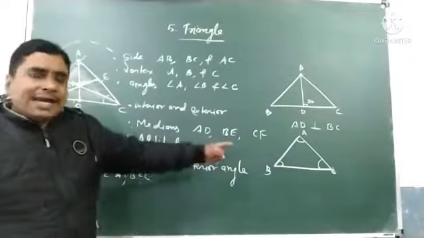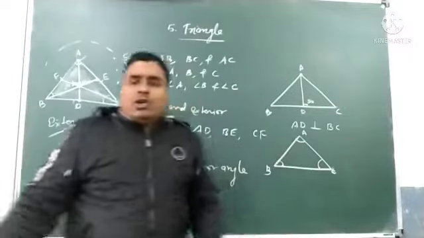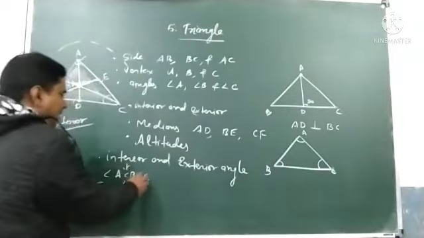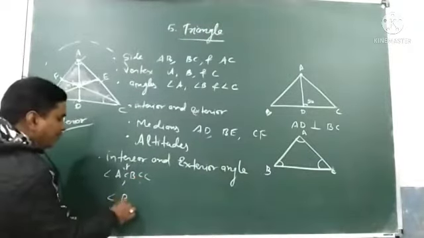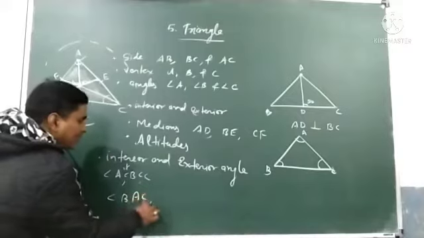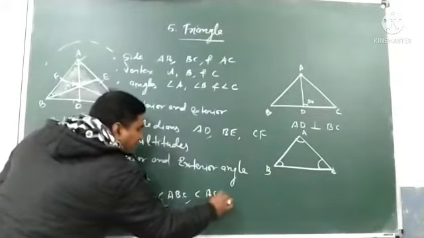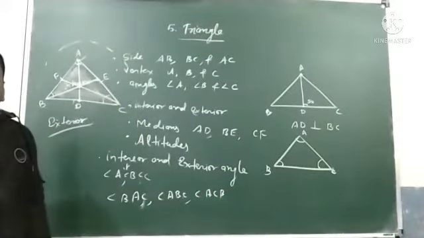If you write this in detail: angle BAC, angle ABC and angle ACB. These three are interior angles.